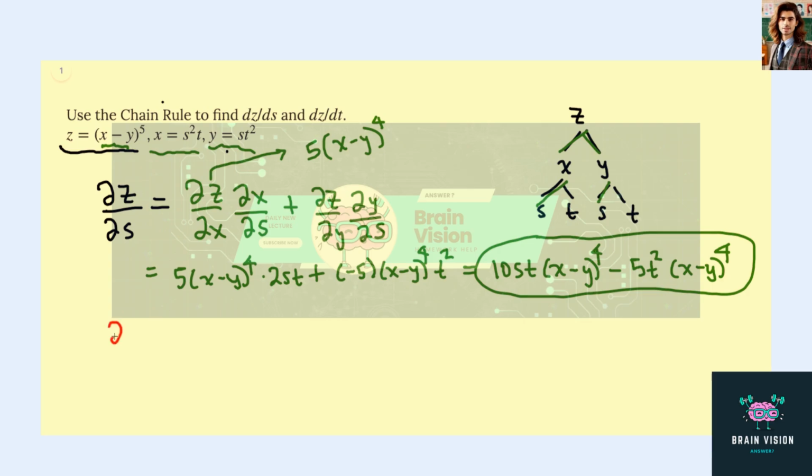And then now we look at the derivative, but this time with respect to t. To go from z to t, you go from z to x, x to t, that's one way. And you could also go from z to y and y to t.